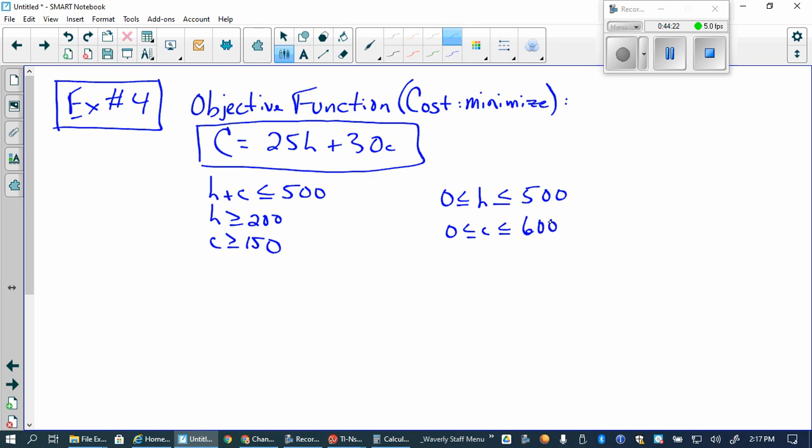This will be the equivalent of our x, and this will be our y, so we don't get confused.